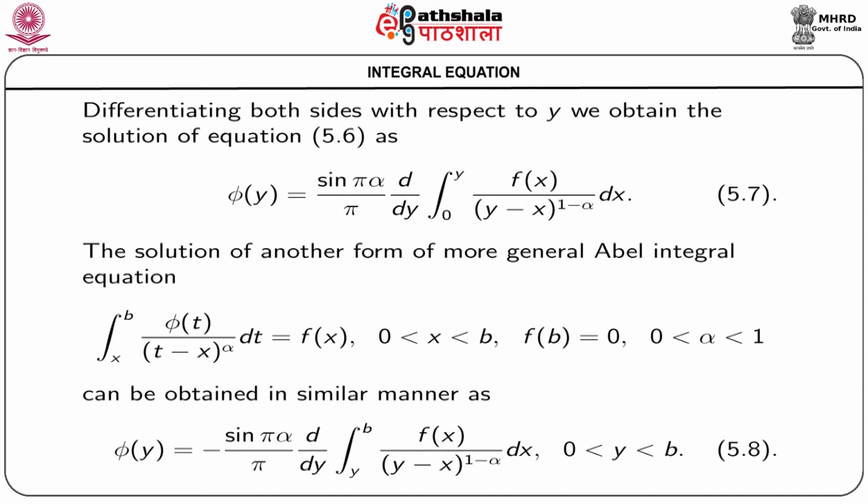The solution of this integral equation can be obtained in a similar manner, and we obtain the solution phi y equal to minus of sin pi alpha by pi d dy integral y to b fx divided by x minus y to the power 1 minus alpha dx, as given in equation 5.8.